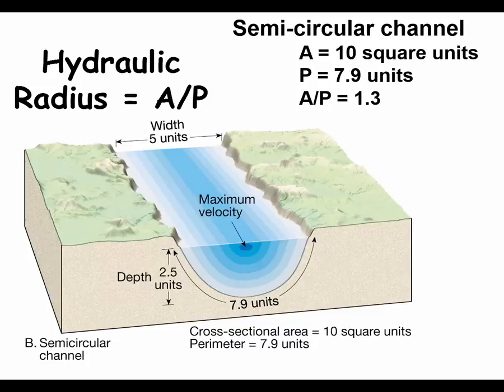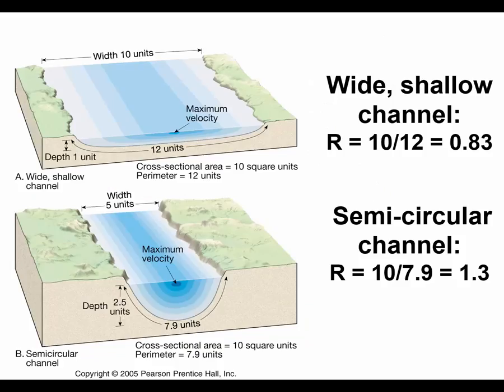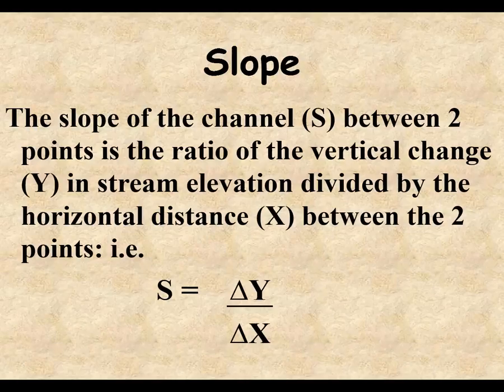But two, you can begin to see that the impact of the channel size, the roughness, if you like, of the channel limits is reduced by shrinking that wide and shallow channel to more of a concave channel, a semicircle. So that's the second thing we could do to increase velocity without really changing discharge. Okay, so all in all, a wide, shallow channel is not very efficient. There's a lot of loss due to friction, and a semicircular channel has the least amount of loss in terms of the shape of the channel.